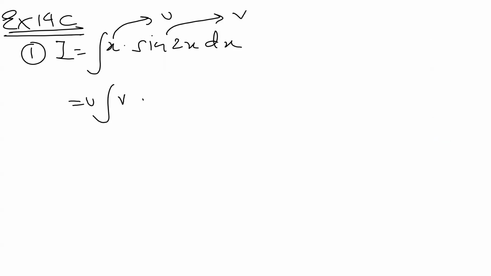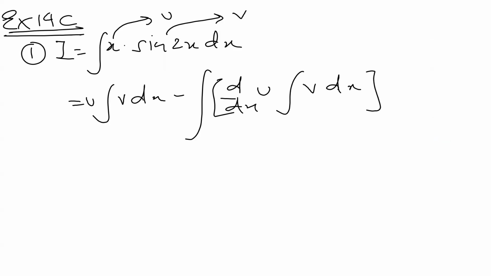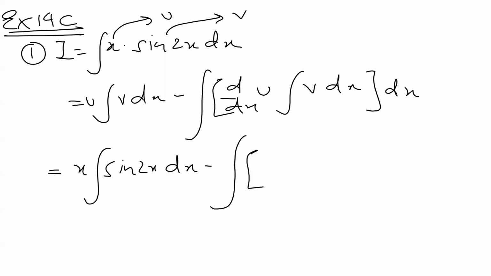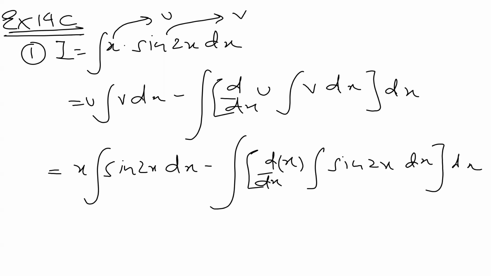So u integration v dx, bigger integration dy dx of u, integration of v dx, bracket close dx. So u is x, integration of sine 2x, dy dx of x, integration of sine 2x dx, bracket close dx.